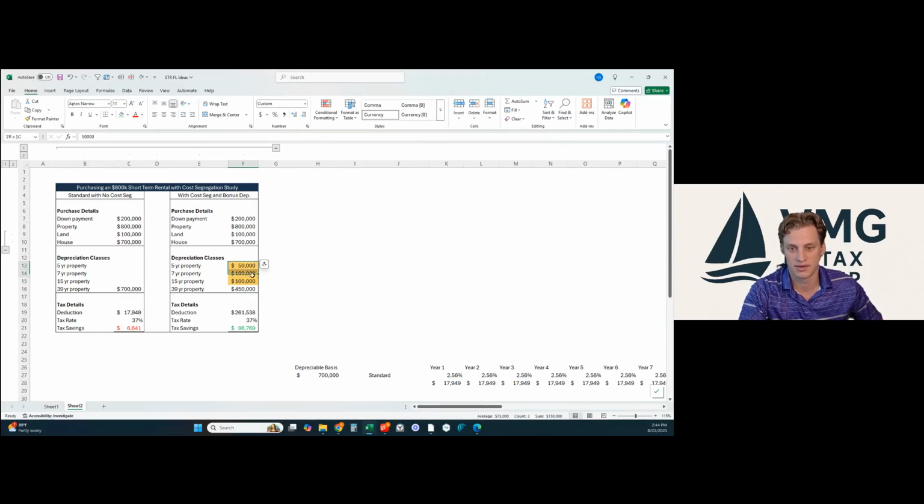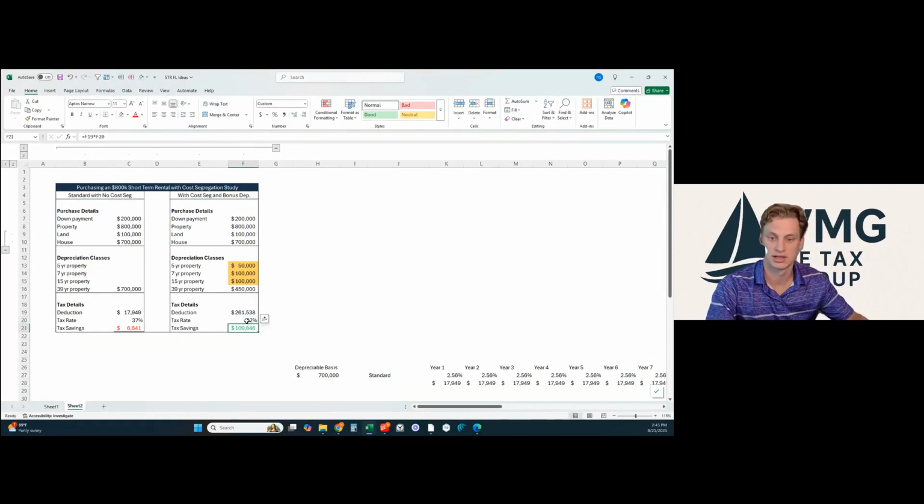You could see if these amounts were allocated to property that was 15 years or less, you could get this entire tax deduction, $261,000, which at the federal tax rate of 37% would save you $97,000. So pretty huge. And if you factor in state taxes, like we said before, over 100 grand in taxes.